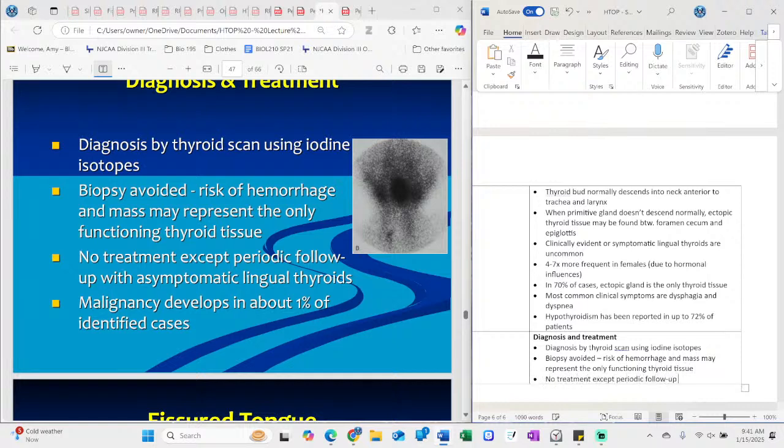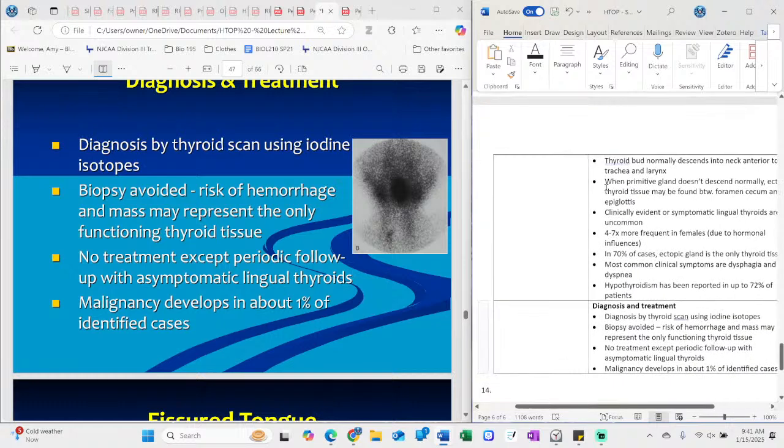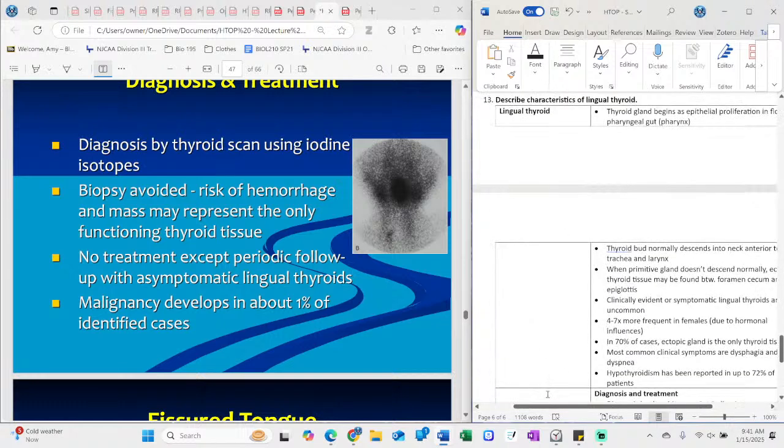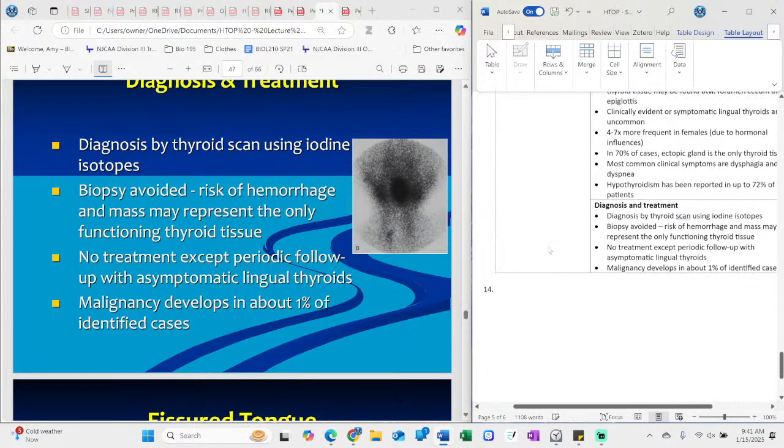But sometimes you have to do a biopsy if you are suspecting other kinds of tumors or malignancy. So you can do an incisional biopsy, though that may be the only functioning thyroid tissue the patient has. And if you have to excise it for some reason, literature also suggests autotransplantation of that thyroid to some other part of the body, so the patient has some functioning thyroid gland.